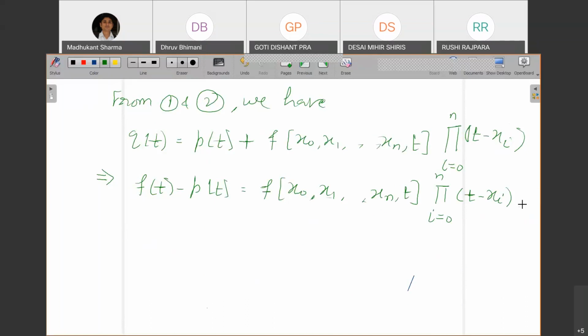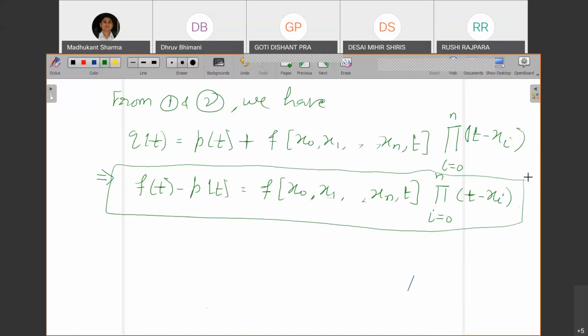So hence our result: the difference at t, which is distinct from x0 to xn, this error in f at t can be obtained by the following expression.